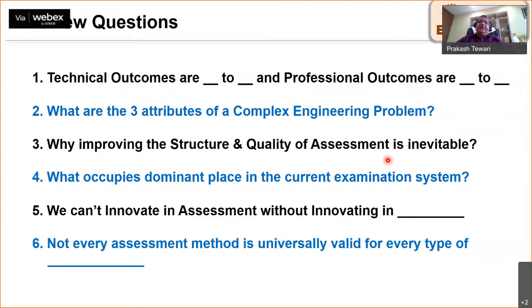In brief, what are the three attributes characteristic of a complex engineering problem?